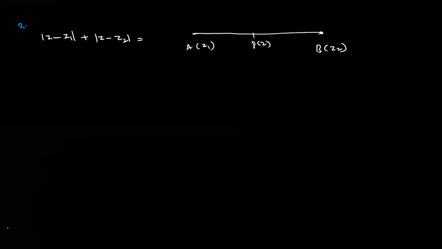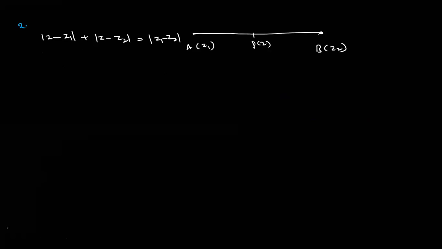Two. Same thing, you should see carefully. P of Z is there. Same 2D geometry, same thing as coordinate geometry. I'm writing: modulus of Z minus Z1 plus modulus of Z minus Z2 is equal to modulus of Z1 minus Z2.